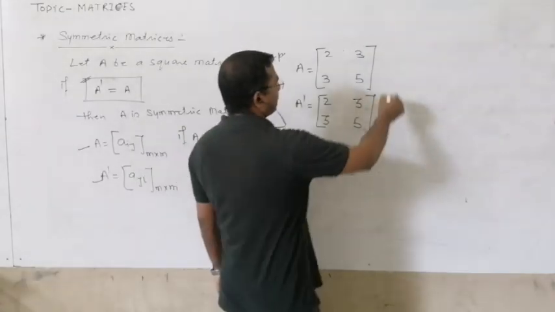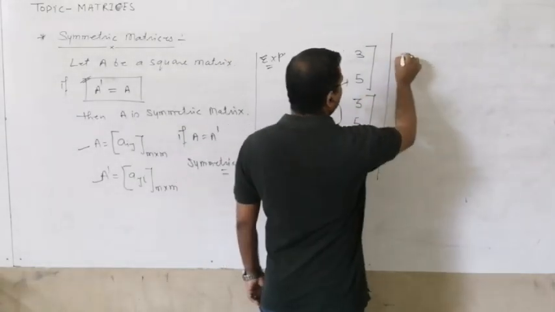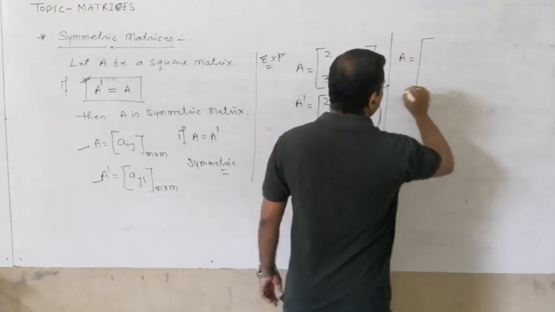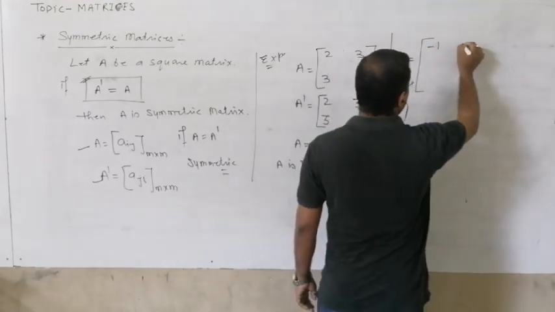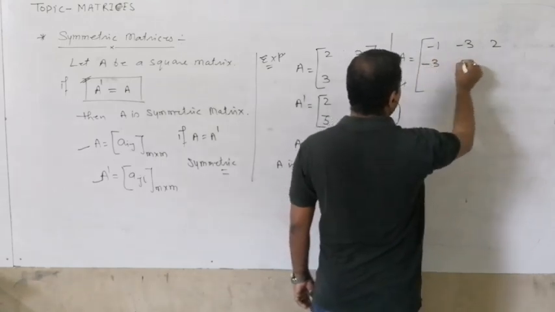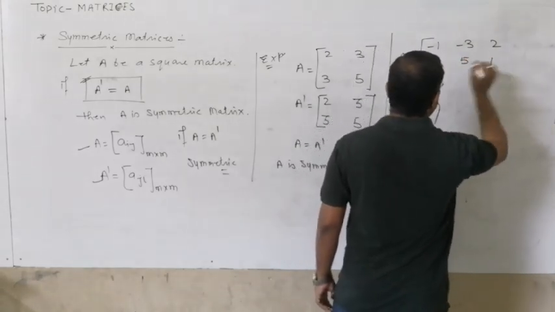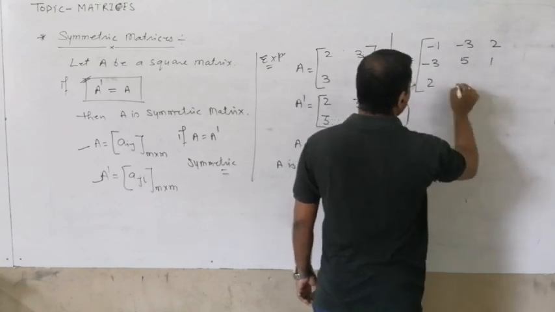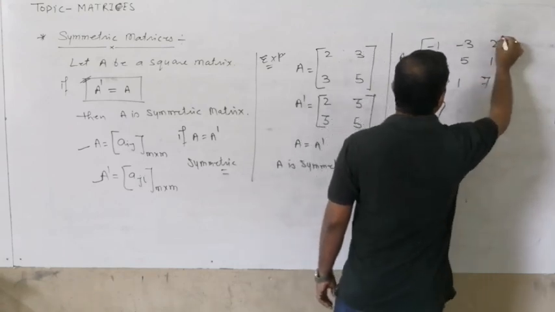One more example we can see of order 3 by 3. Suppose there is a matrix -1, -3, 2, and here it is -3, 5, 1, then here it is 2, 1, 7.